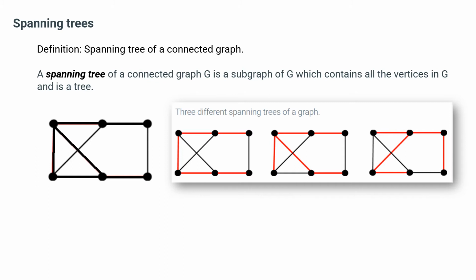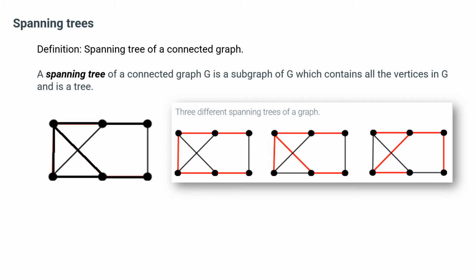So you see that these are 3 different possible spanning trees. The red marks the actual subgraph part. Of course, I haven't made the vertices red, but the vertices would be part of these subgraphs here.